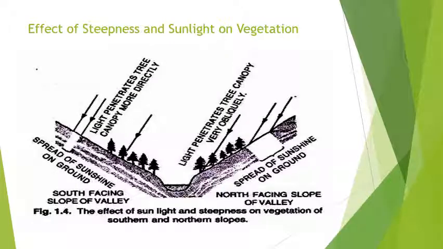Effect of steepness and sunlight on vegetation. Slope also brings about variation in soil water content. The steepness of slope determines the rapidity with which water flows away from the surface, the degree of wetness of the soil surface, the intensity with which the sun rays can heat the soil surface, and the denseness and height up to which vegetation can occur. Steepness of the slope also affects the amount of humus and other degrading organic matter in the soil.